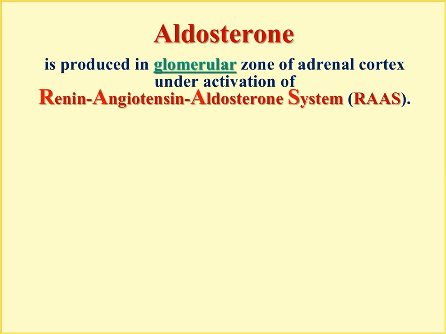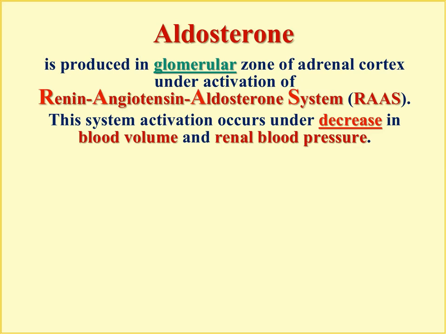As you can see in this system, before aldosterone comes angiotensin, so it's the immediate factor that stimulates aldosterone. But the whole system starts from renin secretion, the whole system activation. And renin is secreted when renal blood supply decreases, which can happen when total blood volume and total blood pressure become greatly decreased, and so renal blood supply decreases.